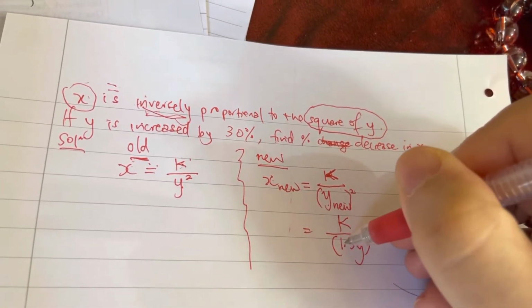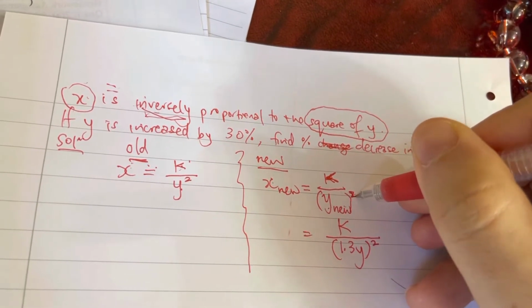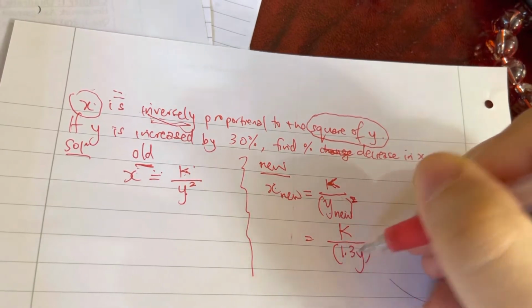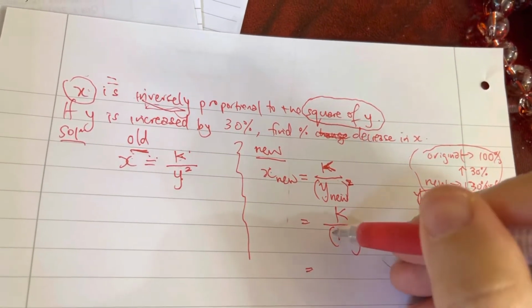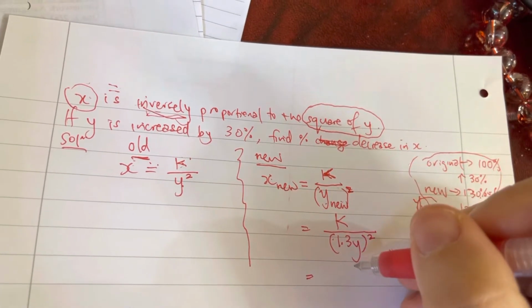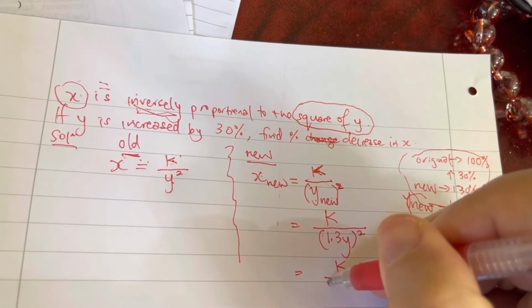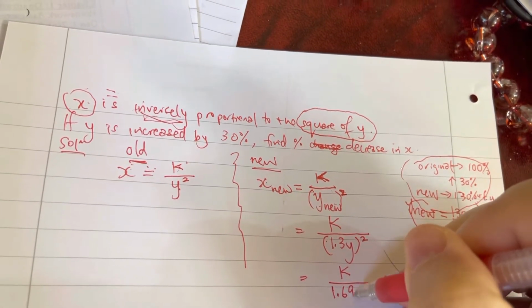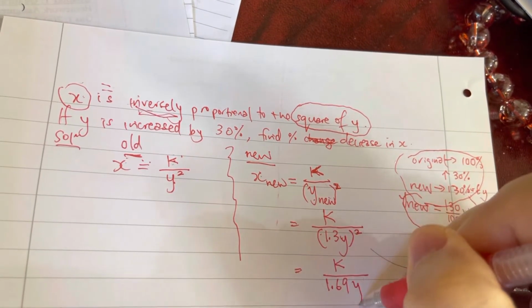Because you have to square both this 1.3 and the y. That's why I told you to put the square outside this pair of brackets. Now once you have this, I need you to press the calculator. If you were to press the calculator, you should get k over 1.69. You go and check, and then you square this, it is 1.69, you square this, it is y squared.